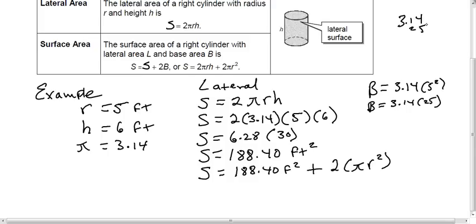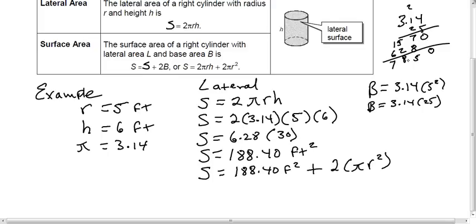3.14 times 25: 5 times 4 is 20, 0 and a 2, 5 times 1 is 5, that's 7, and 5 times 3 is 15. Then we have 8 and 7.